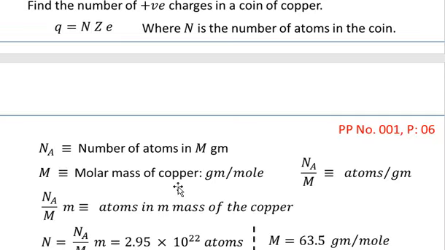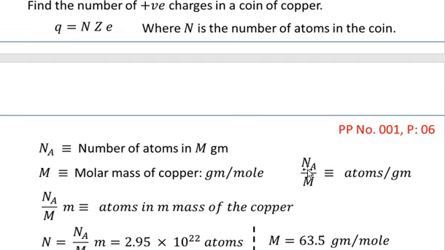How many grams are present in 1 mole? That is called the molar mass of copper. And capital Na is the number of atoms in M gram. So first of all, determine the molar mass.